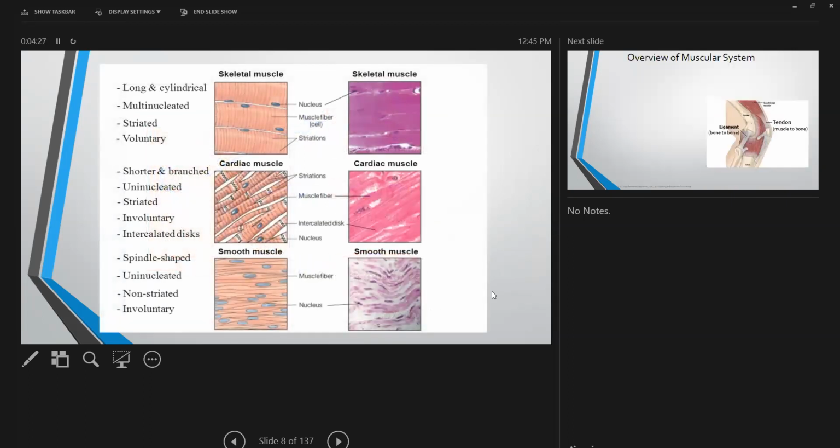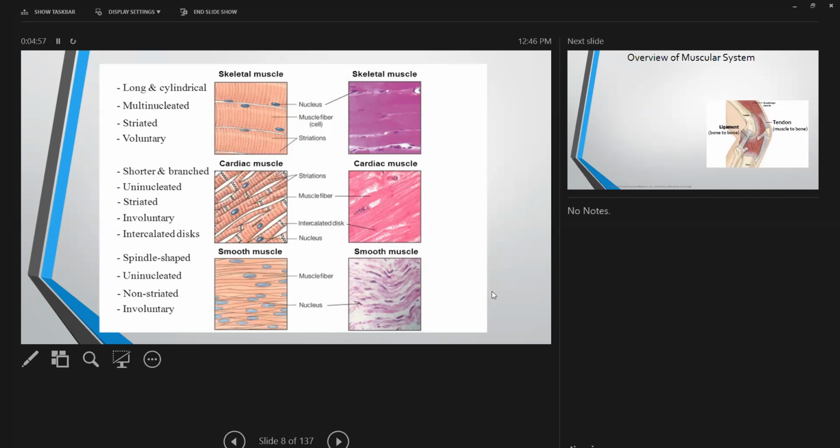So let's look at some of these types. Skeletal muscle is usually long and cylindrical. It's multinucleated, as it's going to have the need for lots of oxygen. It's also going to have lots of mitochondria, which produce the energy needed for skeletal muscle movement. And it's going to be striated, and it's going to be under voluntary control.